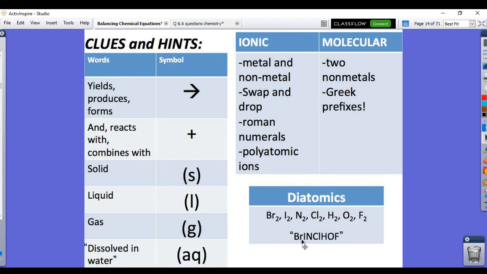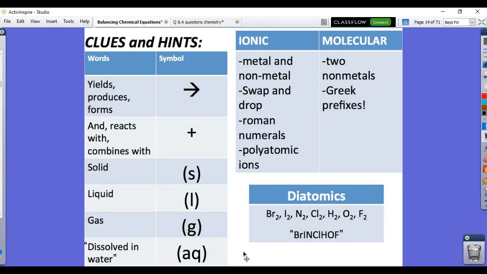You can remember Brinclhof, or you can just go by the little pattern that I showed you on the periodic table. I didn't know if you actually saw this AQ, I saw it was being hidden. AQ just means it's been dissolved in water.